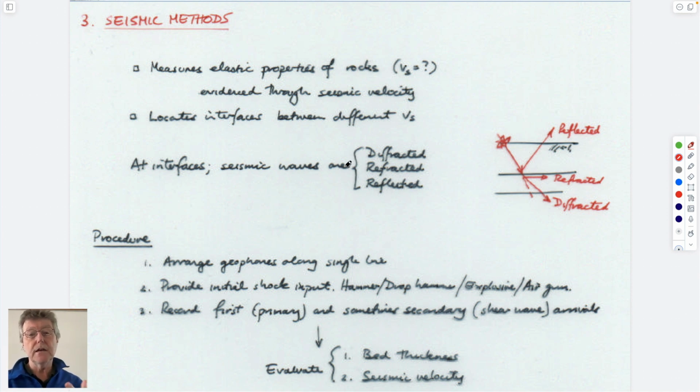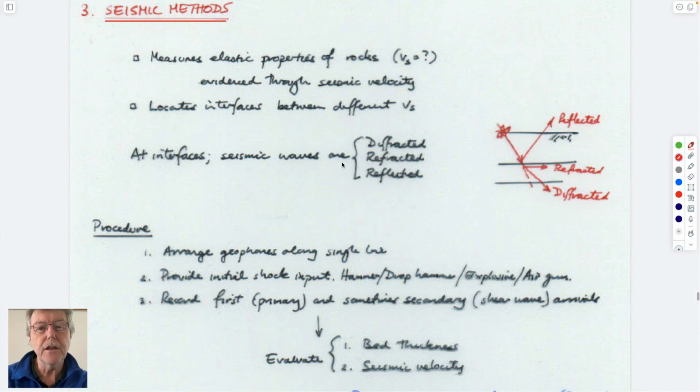We talked about the varying dielectric properties that allow us to have reflectors for radar, for electromagnetic waves in the subsurface. So those are 3 useful signals. The fourth is the acoustic velocity, the speed of sound in rocks and soils. So typically of the order of a few kilometers a second in rocks.